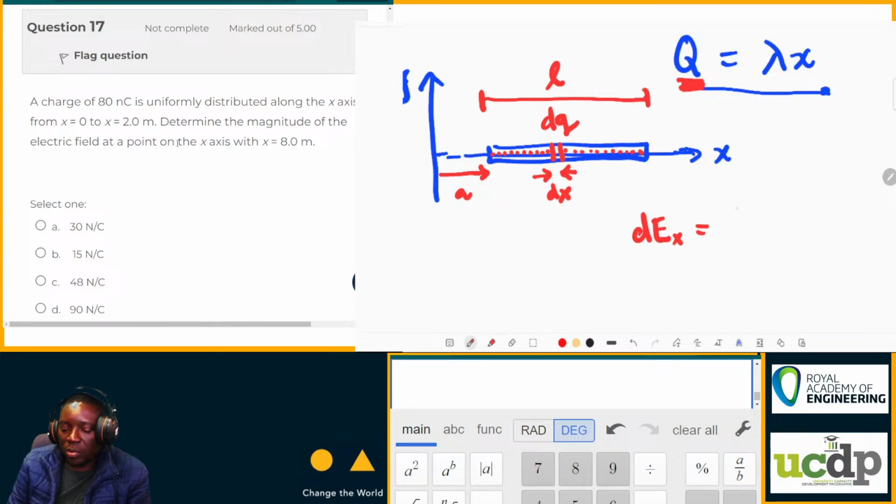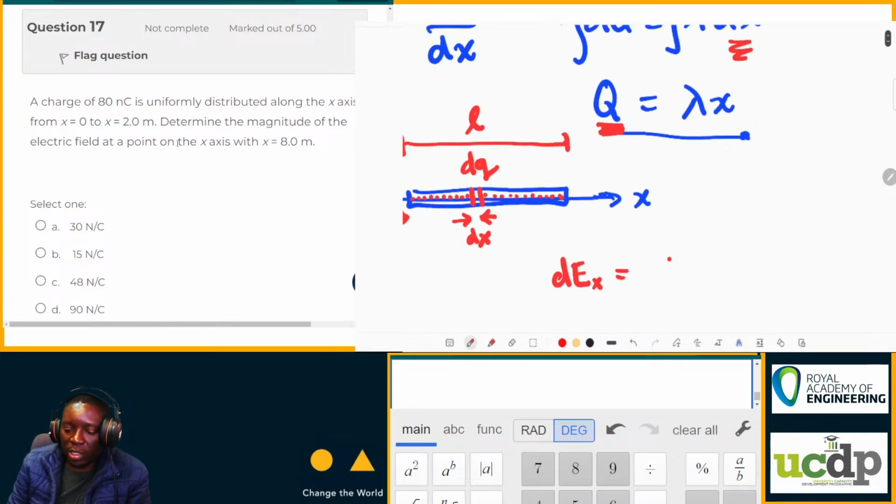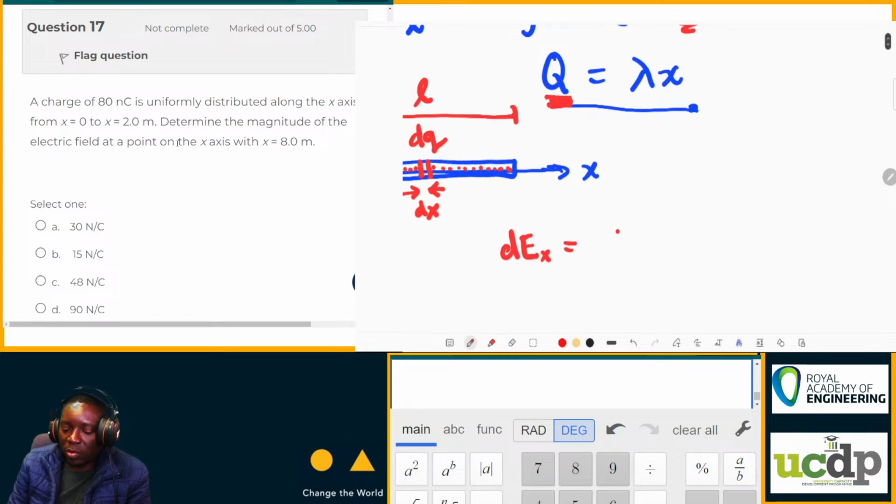Let me start with the simple equation first. E1, due to Q1, equals Ke Q1 over R1 squared.